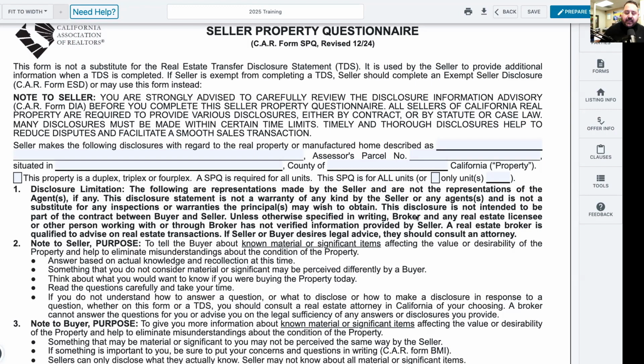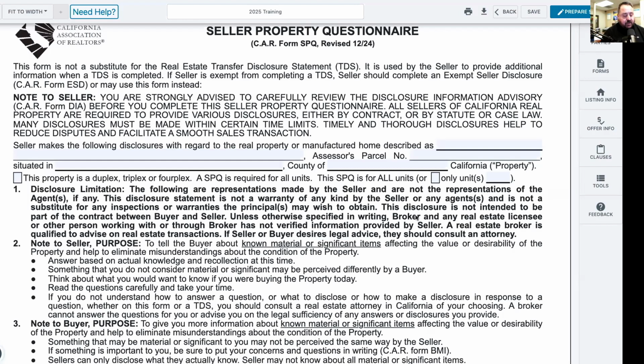So an ESD is for sellers who are exempt from TDS, and the only sellers that are exempt from TDSs are REOs, probates, and trust sales where the successor trustee is the one doing the sale. And if, in the case of the trust, that property was the successor trustee's principal residence, then they are required to do a TDS and an SPQ.